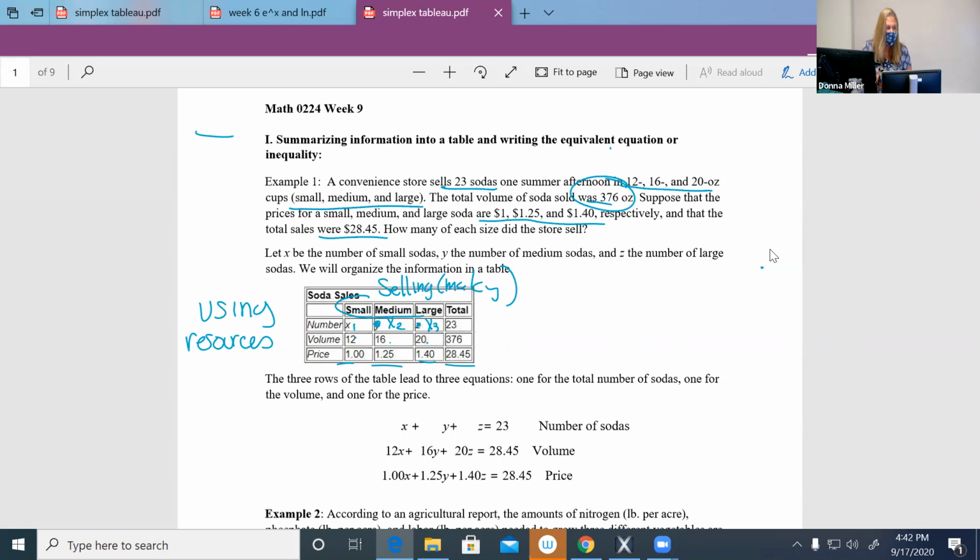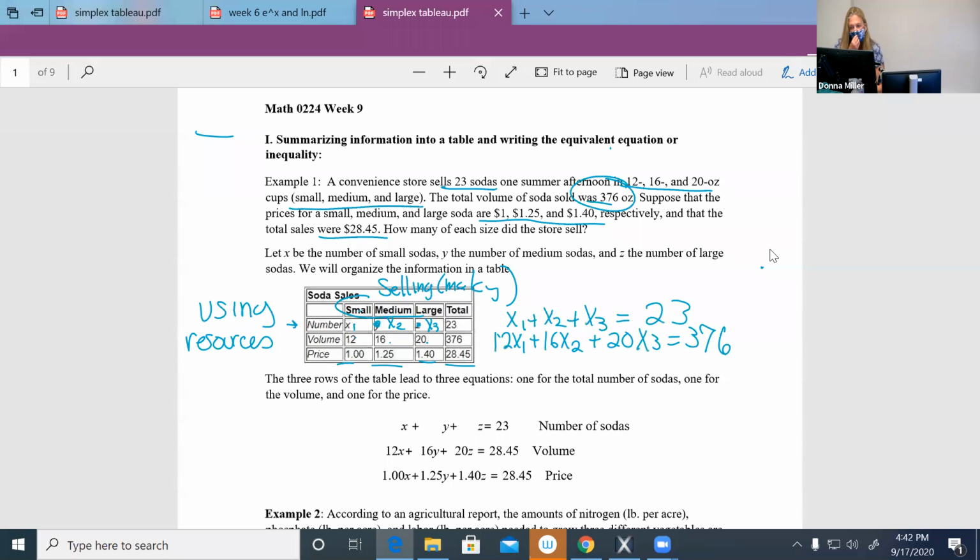By setting up this table, I can just read straight across the rows to get the constraints. If I look at the first row, X1 plus X2 plus X3 equals 23. I read the second row: 12X1 plus 16X2 plus 20X3 equals 376.